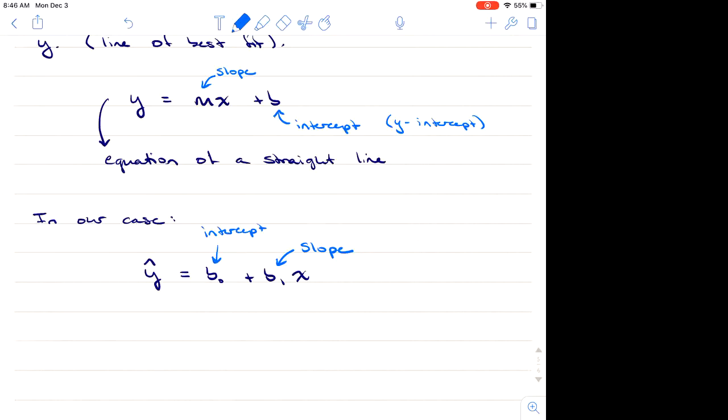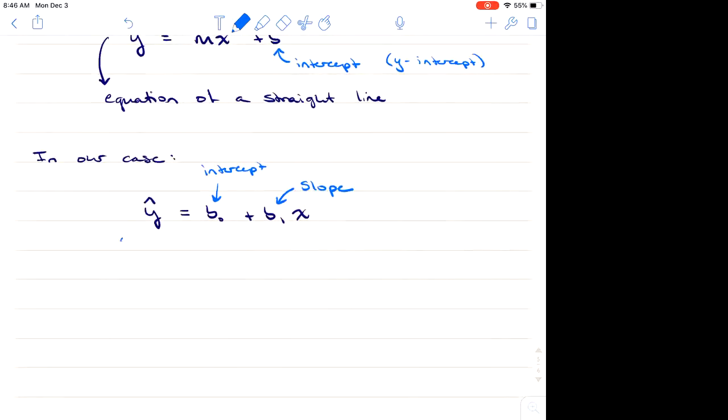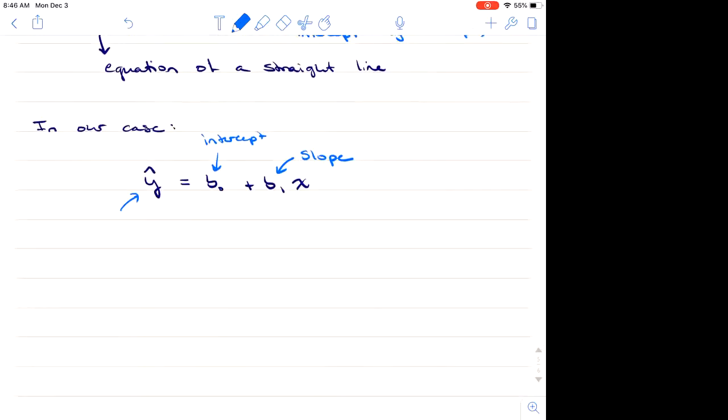Okay. And so we've got a slope, we've got an intercept, and we'll also make a note that y hat is the predicted value of y.